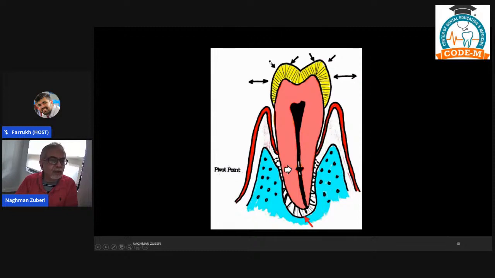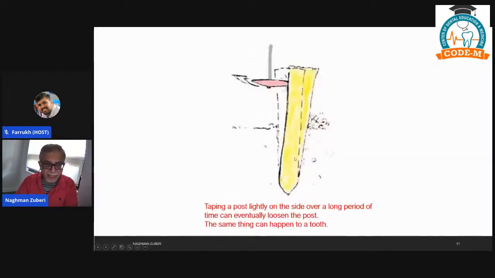If it is going to be off-axial forces or the amount of force is going to increase, then what is going to happen? The tooth cannot bear the burden and the supporting structures start getting affected.